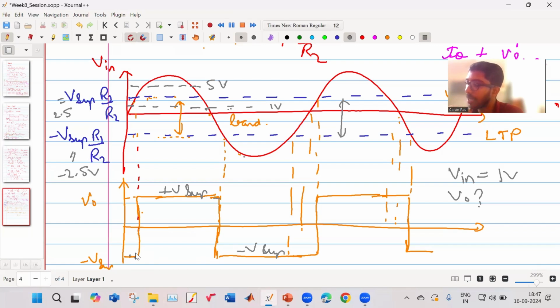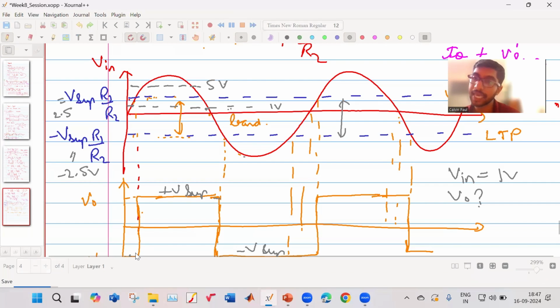When it is within that band, your output voltage will depend on the previous output. So there's something known as a history term. It is having the memory of that, and depending on that, it is giving the output. So that is the logic in this circuit.